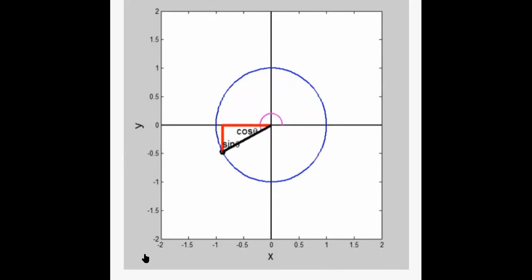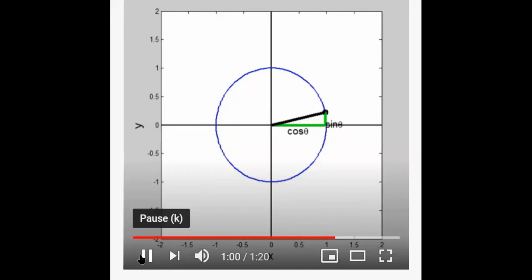Now here below the x-axis, sine and cosine are both negative, and then cosine is positive, sine is negative. Now, sine is increasing, cosine decreasing. Sine starts to decrease, cosine increases. Sine is increasing, cosine decreasing again, and cosine increasing, sine decreasing again.